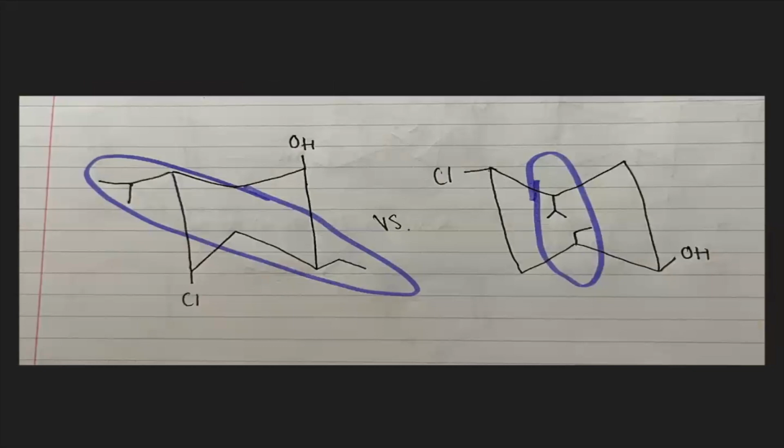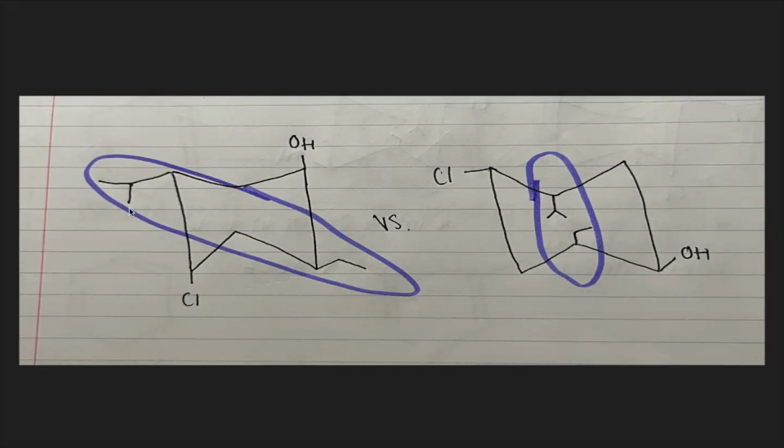Okay, and then lastly, if you're trying to figure out the stability of chair conformations, again, like I said earlier, you want your bigger substituents to be in the equatorial position to avoid strain. So if we look, these are actually chair flipped molecules of each other. Your biggest substituents are going to be these carbon groups that are circled here and here.